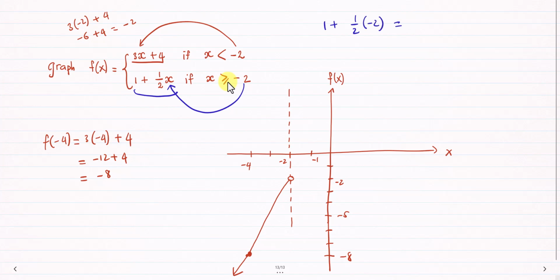And it will give me -1 for the second part here, and 1 minus 1 is 0. Okay, it is 0. So when x is equal to -2, the y value is 0.